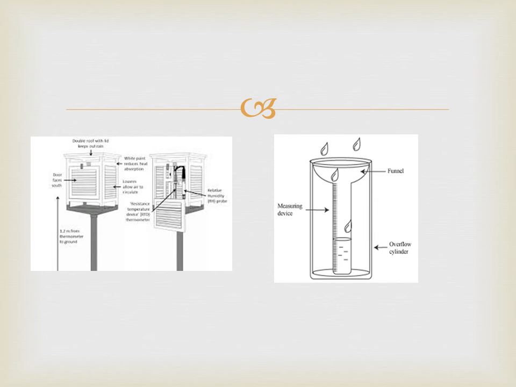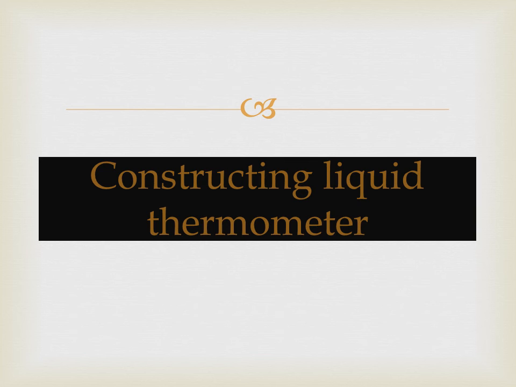Then on the other side, it is the rain gauge. The rain gauge is used to measure the amount of water, and the amount of water is measured in units called millimeters. Millimeters, in short, is mm.